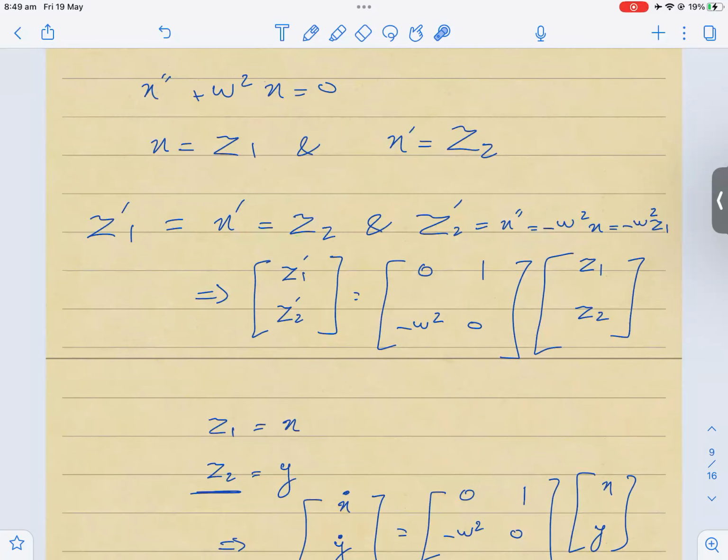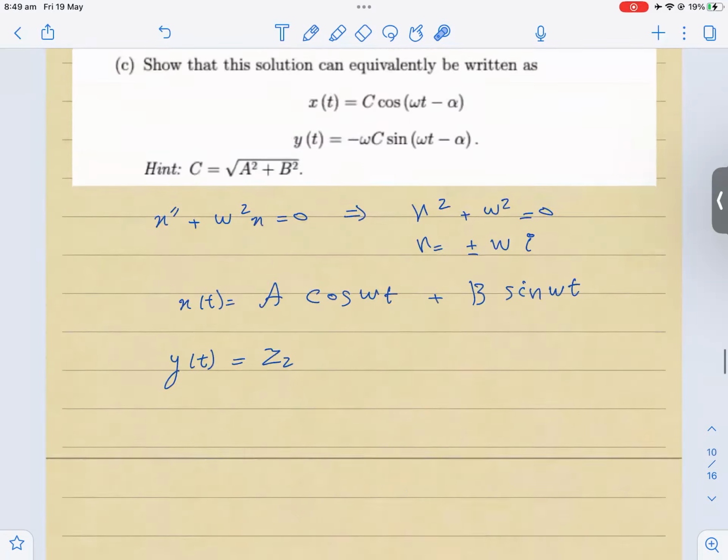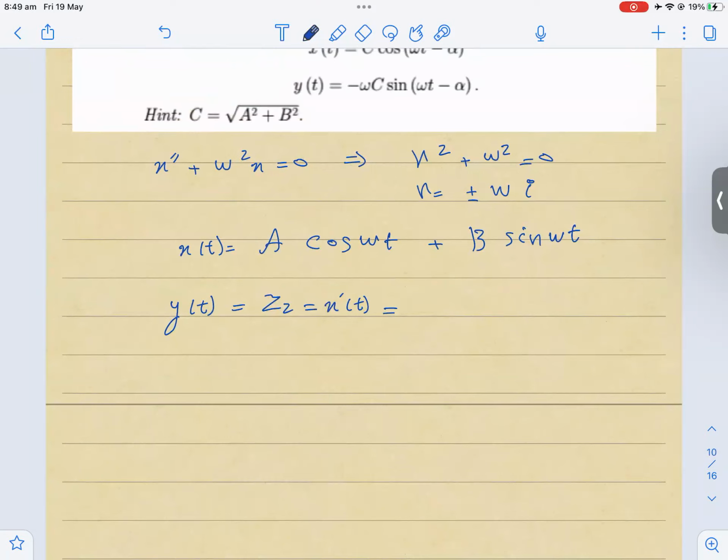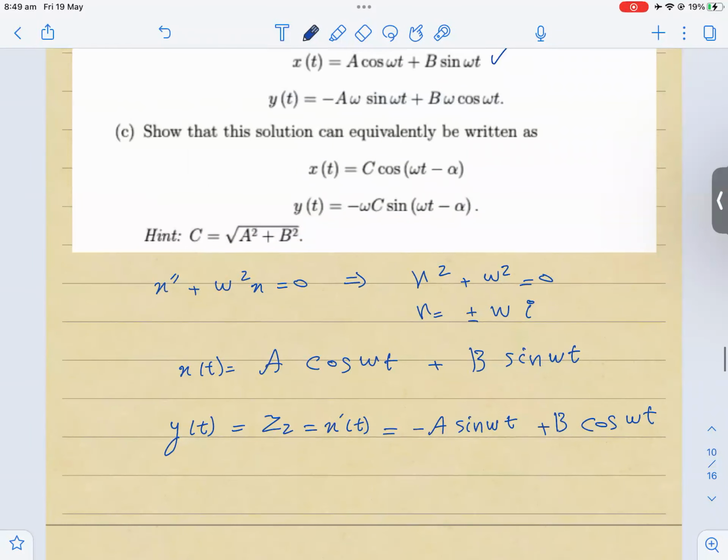So this will be x prime in terms of time. From here, I just need to get the derivative of this x. So this will be minus a times sine omega t plus b times cos omega t. This is the solution of part B.